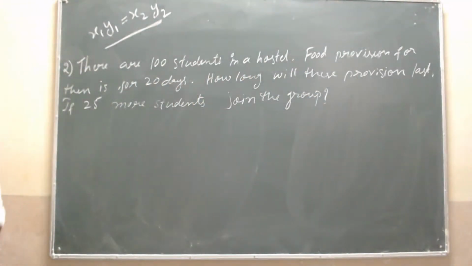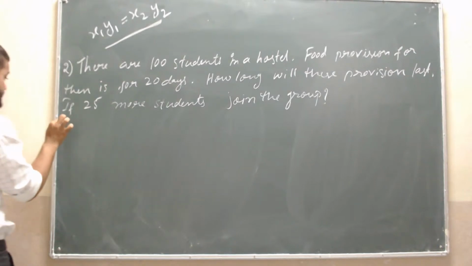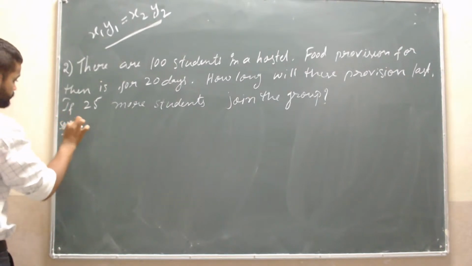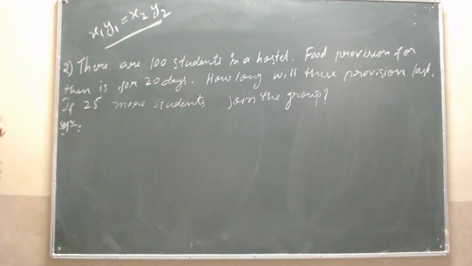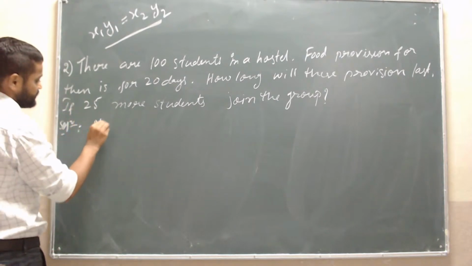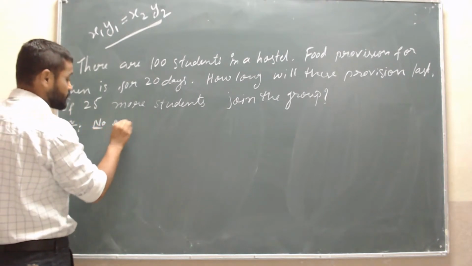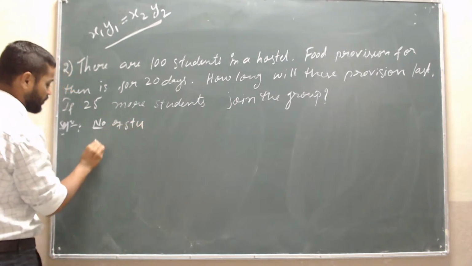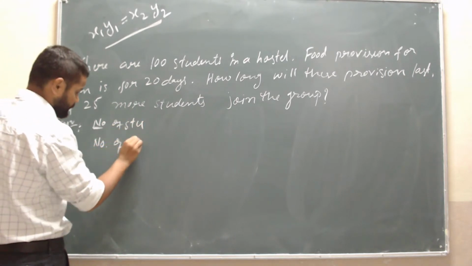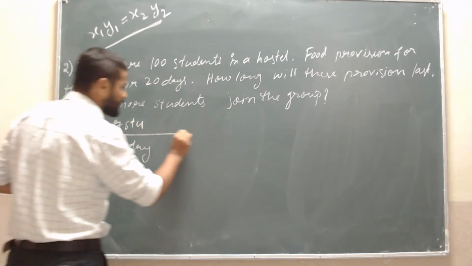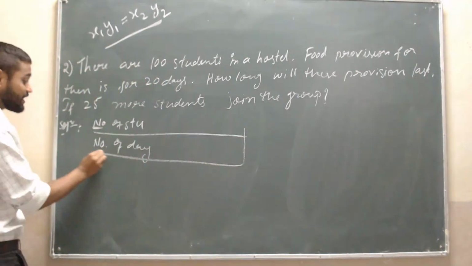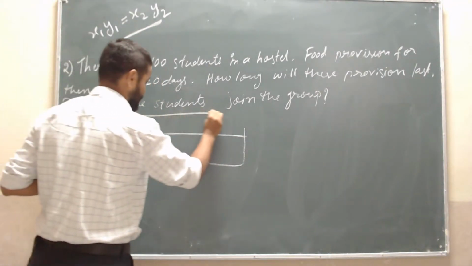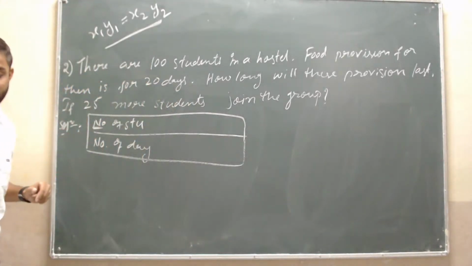First, concentrate on the question, students. What has he given? The number of students and the food provision, that is the number of days. Sir, we have still not understood the question. Yeah, I know. Concentrate here, students.